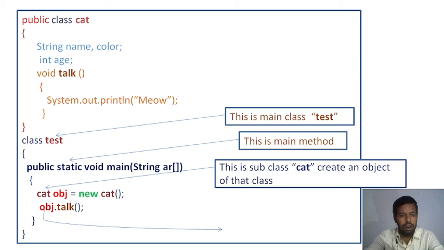Then the compiler will move to the cat class. The cat class contains the talk method. The talk method will show on the monitor the statement meow.